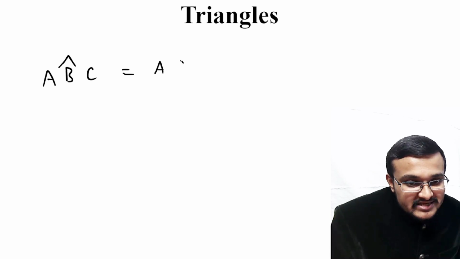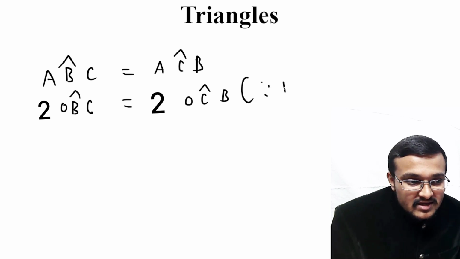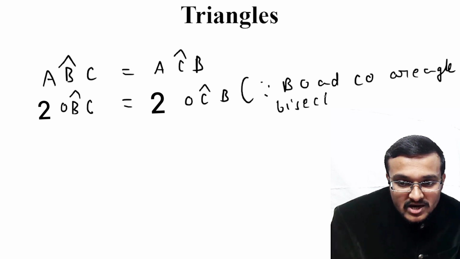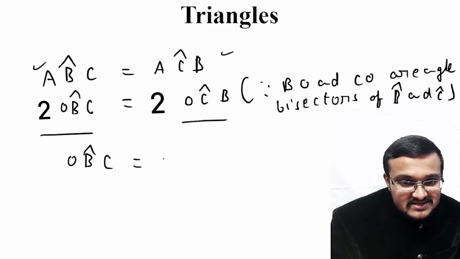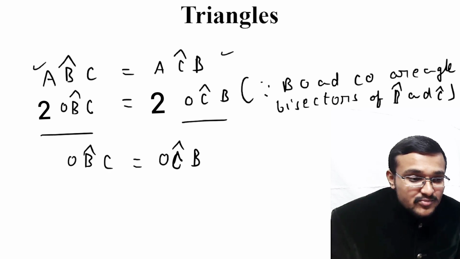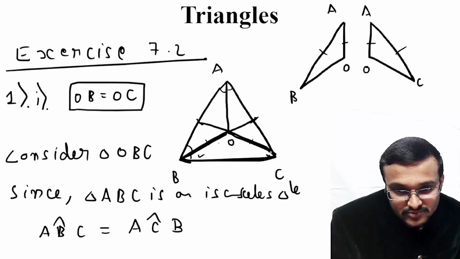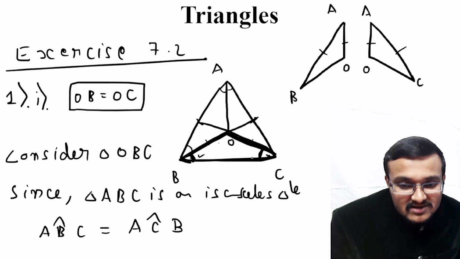So ABC is equal to ACB, and so is OCB, because here BO and CO are angle bisectors of angles B and C. So now this is nothing but angle OBC is equal to angle OCB.